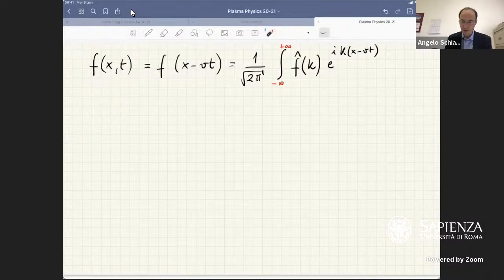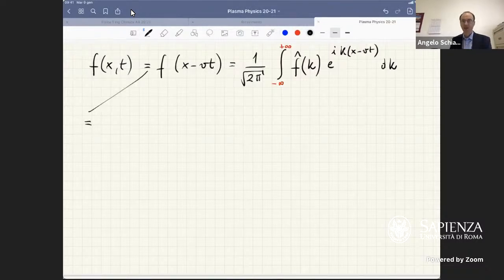So our argument in the original space is multiplied by the ik factor, and then we integrate over all the k numbers. Okay, this is the Fourier transform.